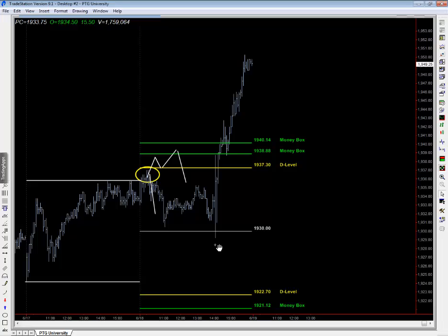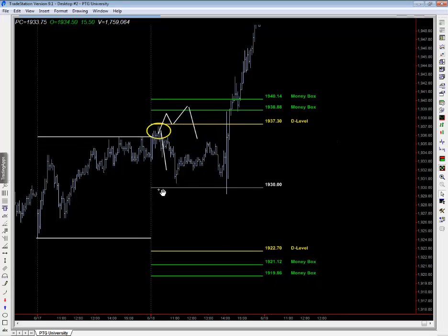In other words, with this current range today, we can change the values and project what the static D-level money box will be tomorrow, and that can help us for planning purposes. But this will begin painting right at 9:31, and it'll give us all the necessary values that are required.